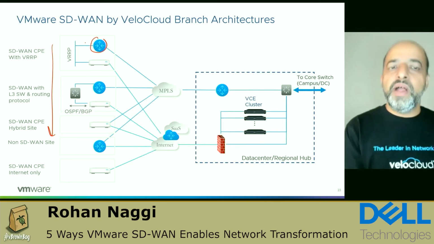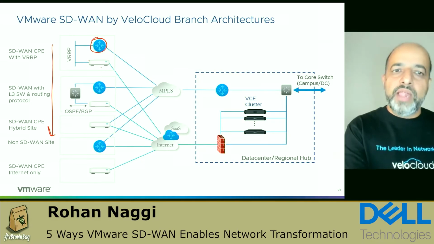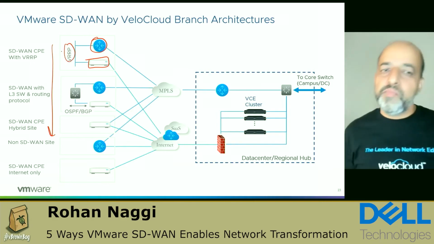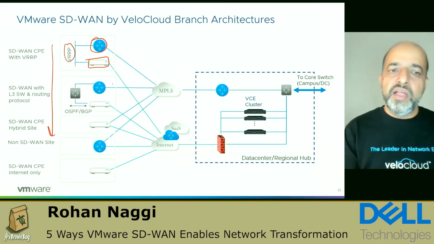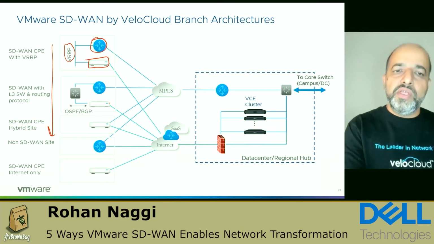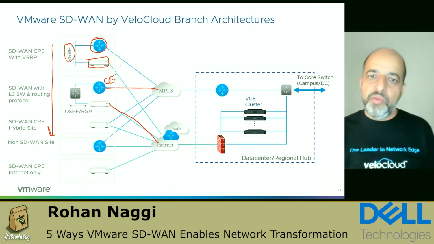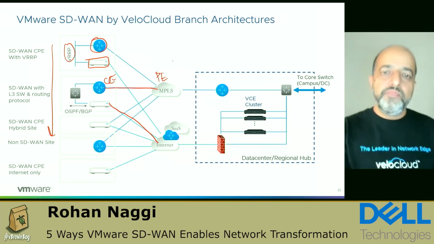Even if you have a third-party router, you can place your edge device here and run VRRP, or you could run it in a fashion where you have internet connections and the MPLS is going through the CE router for the service provider, which has a pairing with the PE router.